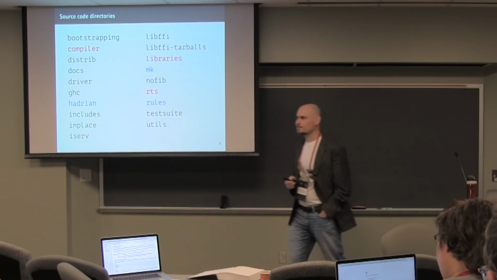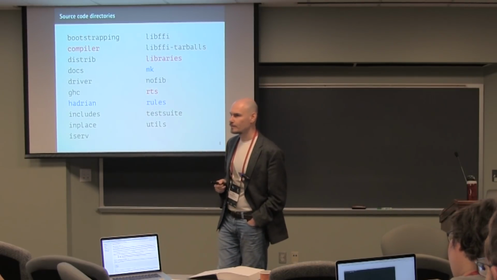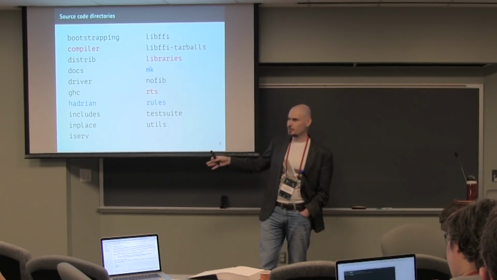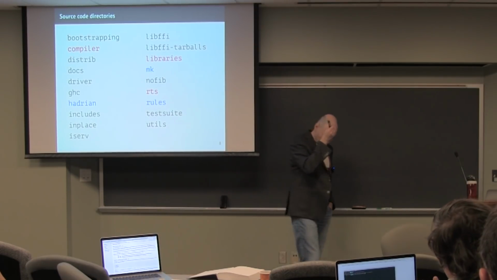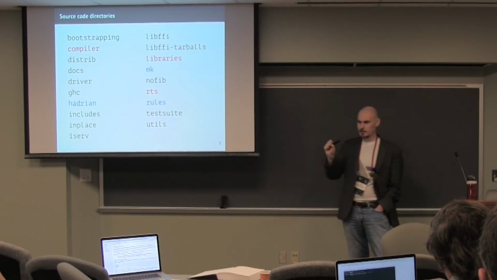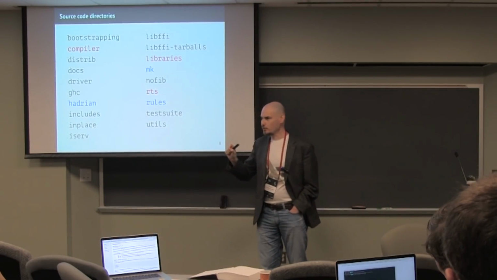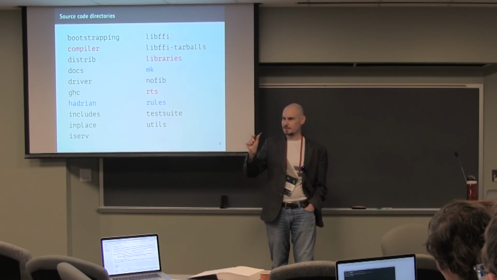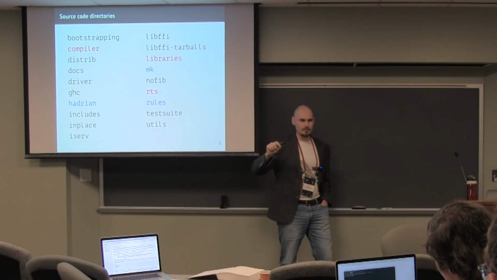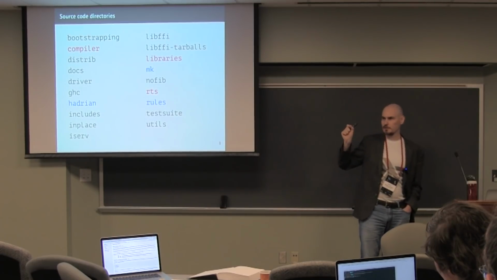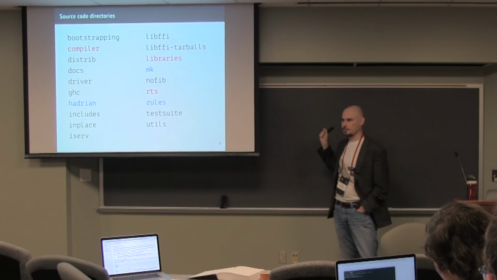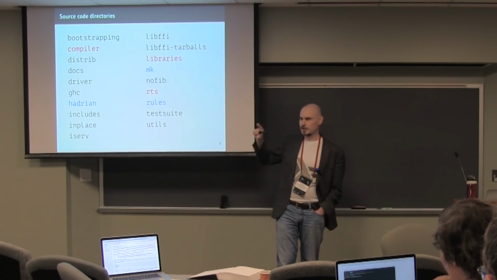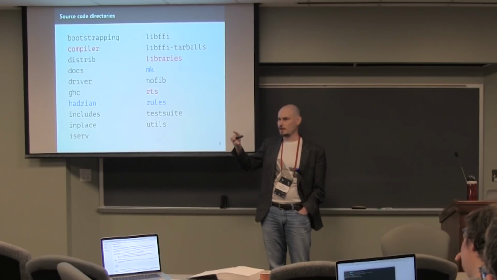Yes. What's the percentage breakdown in terms of C versus Haskell? You mean how much code is implemented in C? I don't remember actual numbers right now, but I know that every year the percent of C code is becoming less and less. If you look at the paper which I cited before, the Glasgow Haskell Compiler by Simon and Simon, they have a table with a comparison.